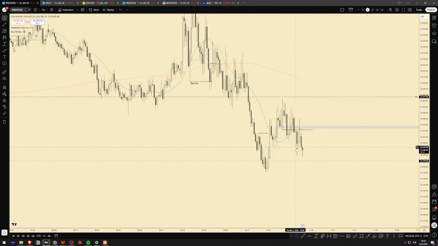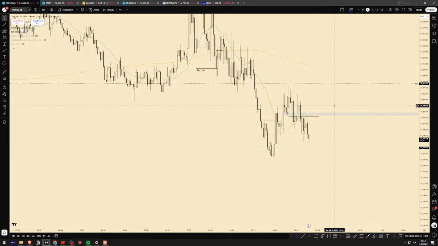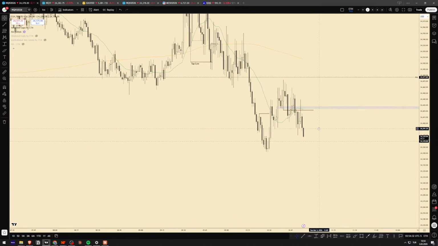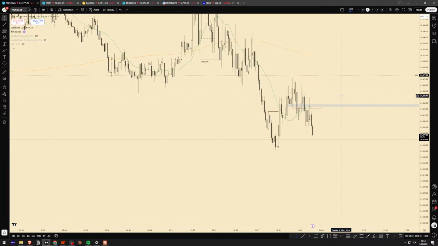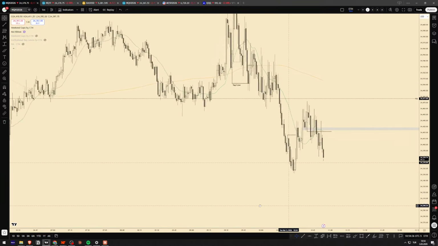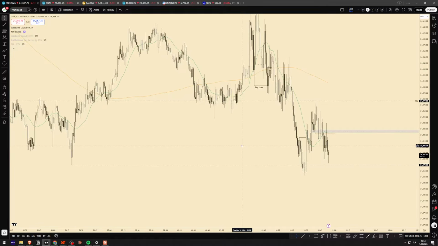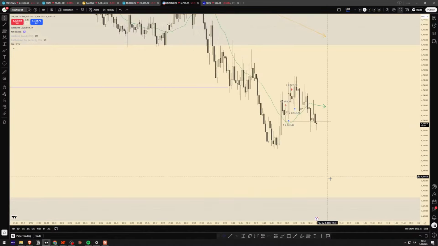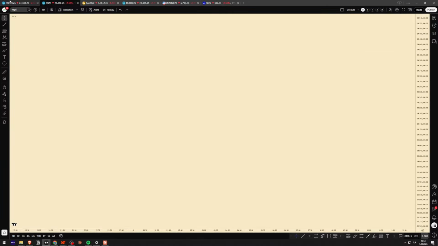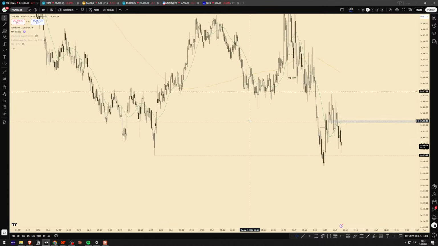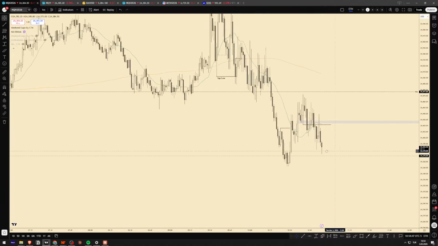But if it turns back higher from here, I still wouldn't like the price action, right? I would take a profit, but I still wouldn't like it much. And I don't know, I believe it might still go to profits.